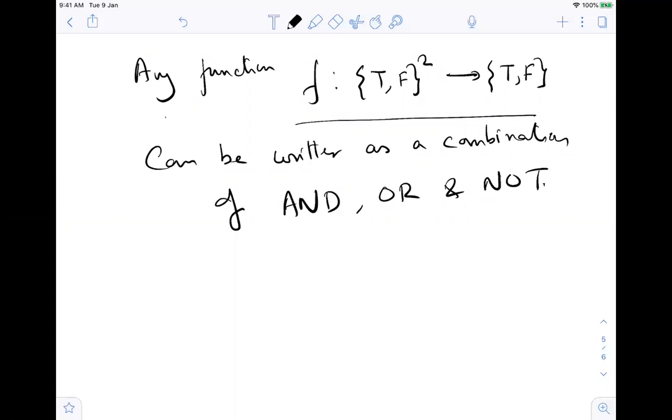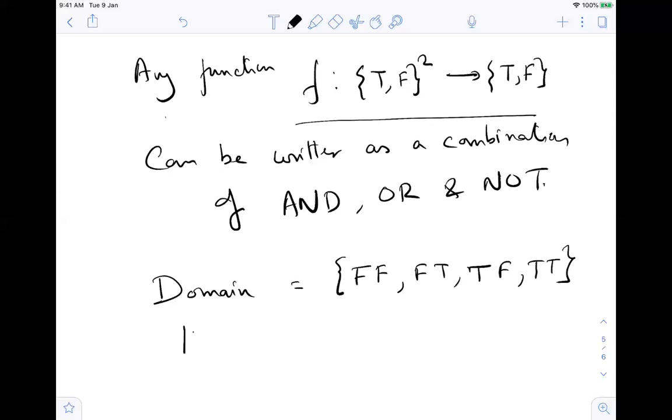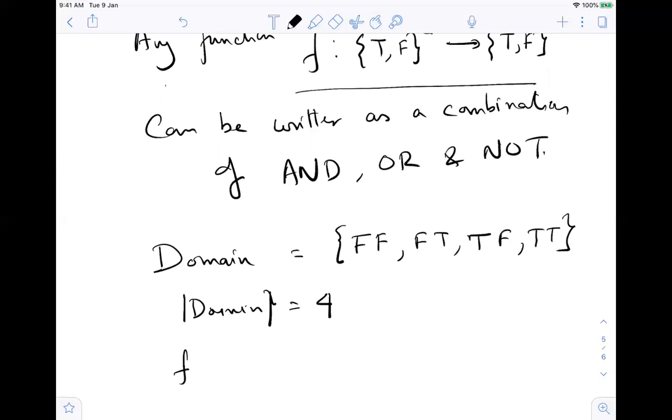16. Right. So what is the domain here? The domain is true, false, so it's like a Cartesian product of true, false. Right, exactly. False and true. The size of the domain is 4. Now, what is a function?